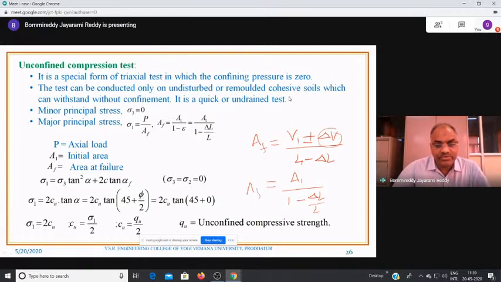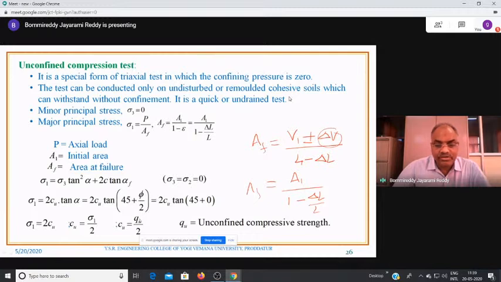When phi equal to 0, it is 2Cu tan 45 plus 0, tan 45 equal to 1. So sigma 1 is equal to 2Cu, and Cu is equal to sigma 1 by 2, and Cu equal to Qu by 2. So in place of sigma 1, we are going to write Qu.